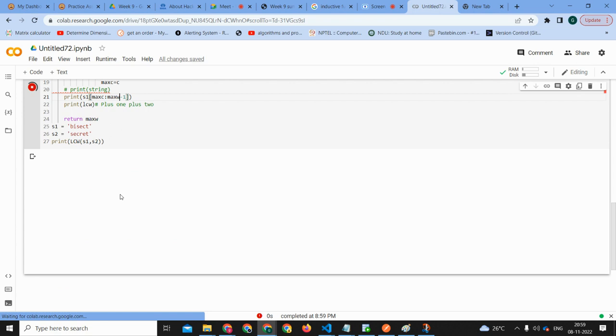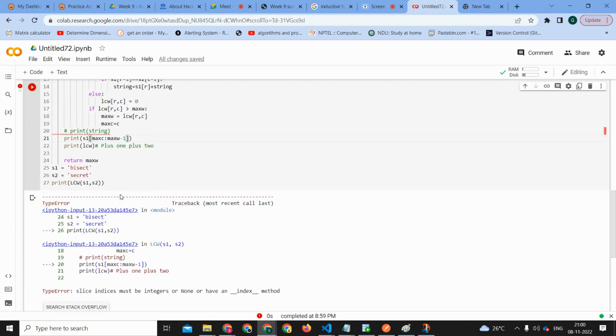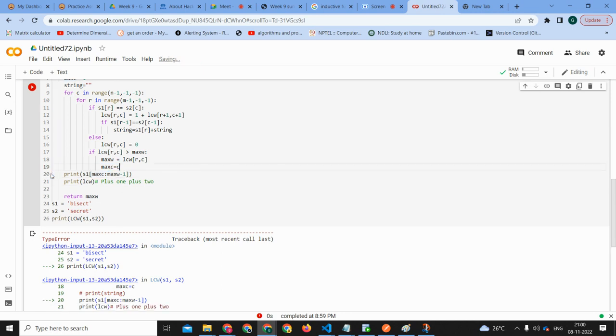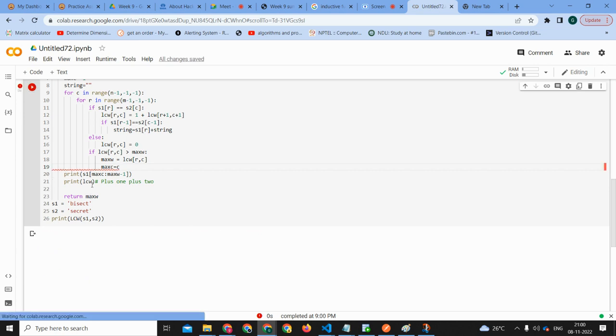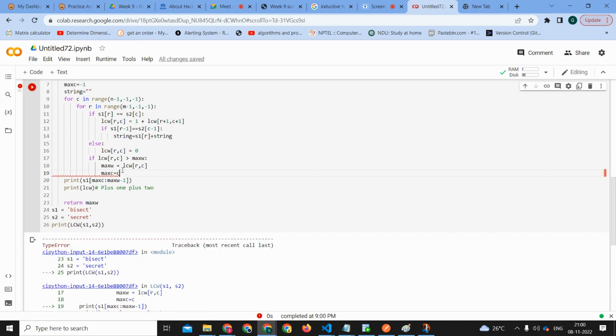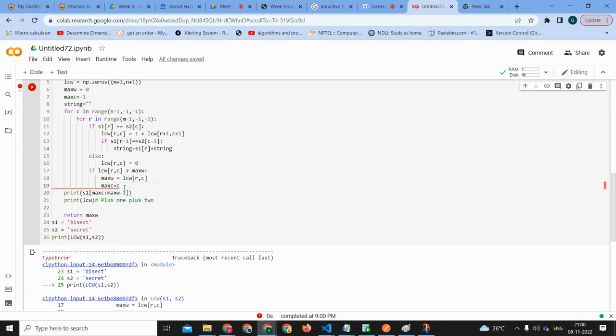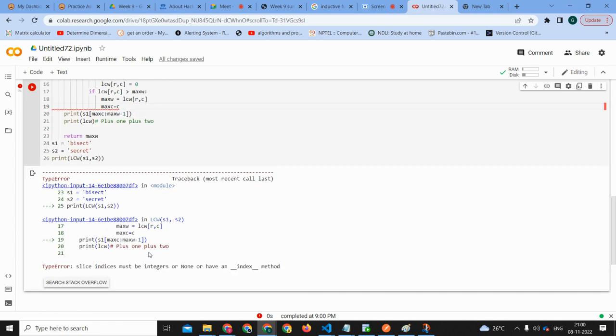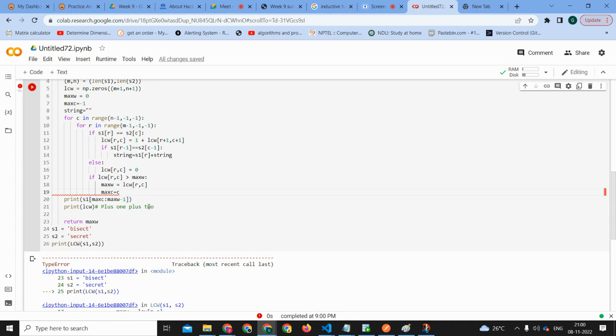You're getting an error in that line? Try it again. It says slice indices must be integers or None.